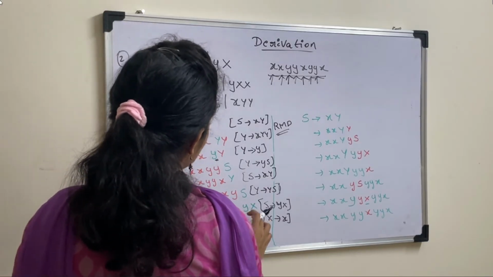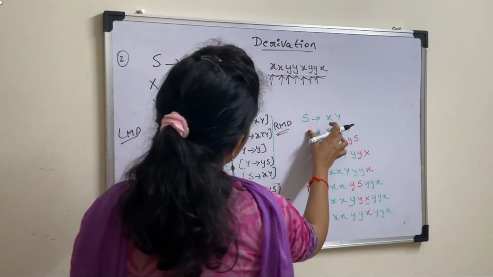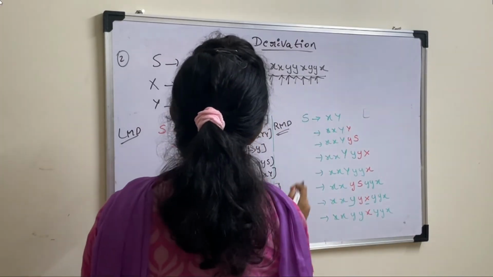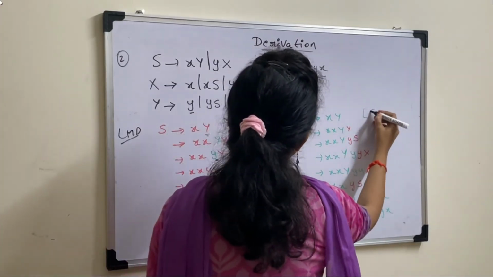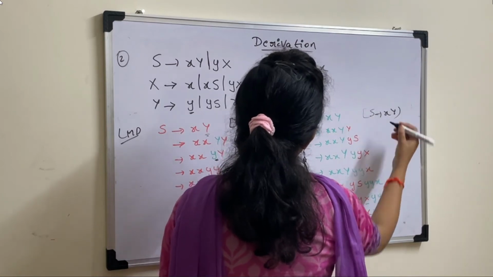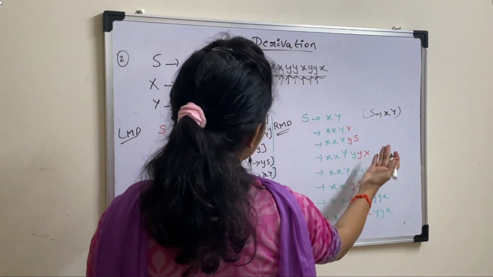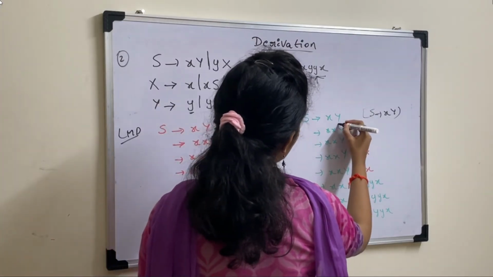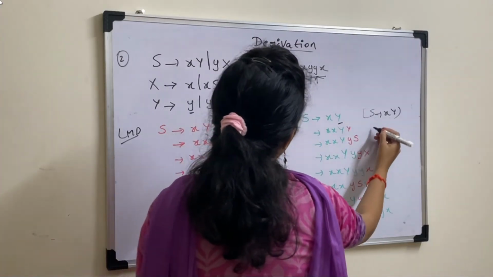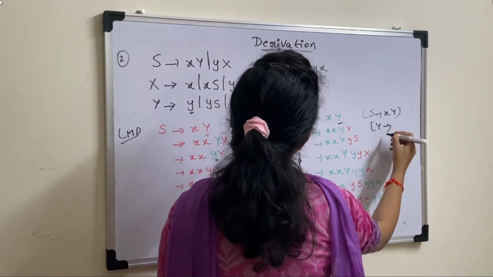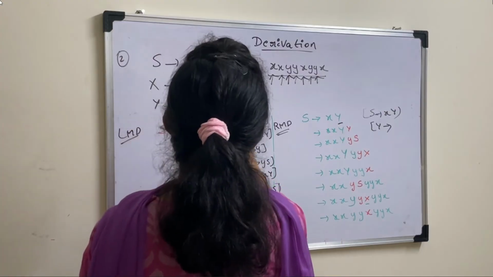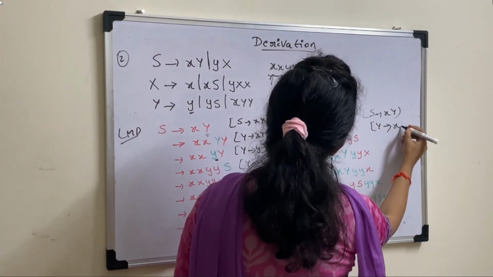In the same way, you can do it for the rightmost derivation also. First, initially we have S derives xy. Next, here you need to start replacing from right to left. So first you need to replace this y with xy.